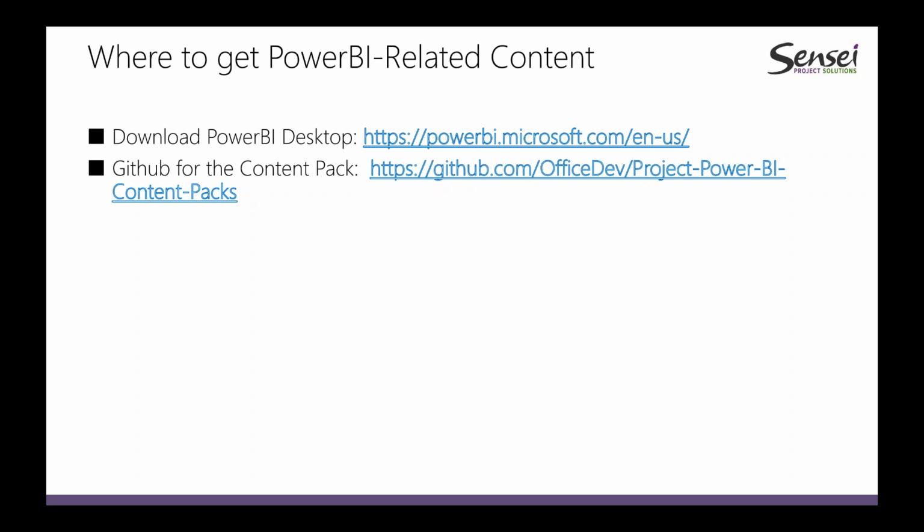You can also get the desktop file from GitHub so you can edit it. So if you're interested in editing that Power BI content pack that Microsoft just released that has a very complex set of relationships in it, then we can take a look at that and you can work on it.